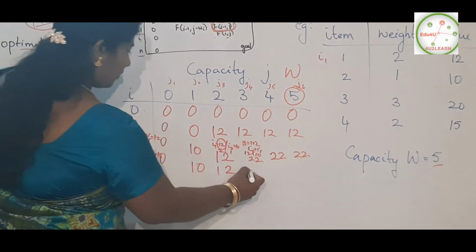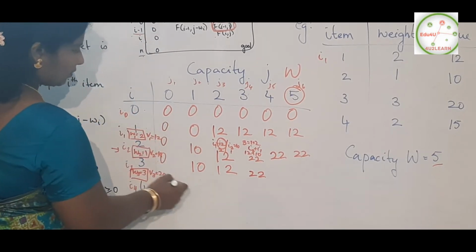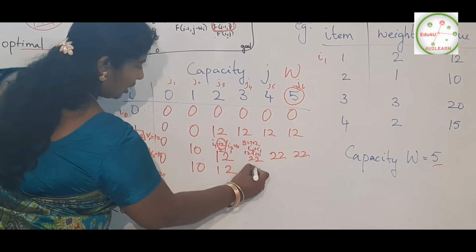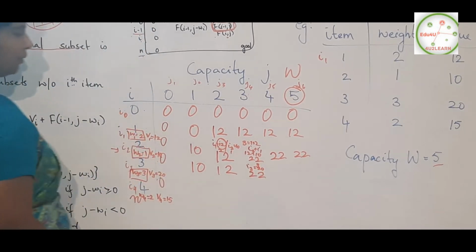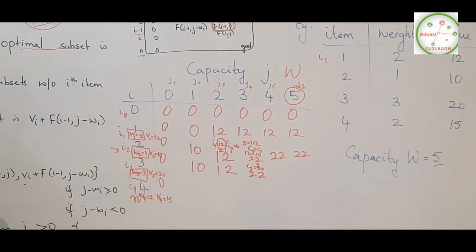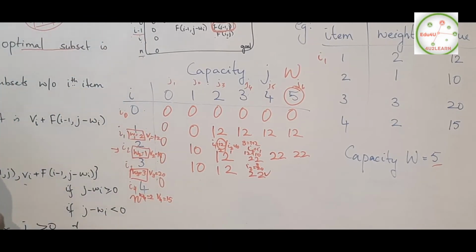Now here we find that 22 we have already got, and this value for I3 with the capacity of 3 is going to be 20. So now 20 or 22? 22 is more than 20, so we keep that itself.